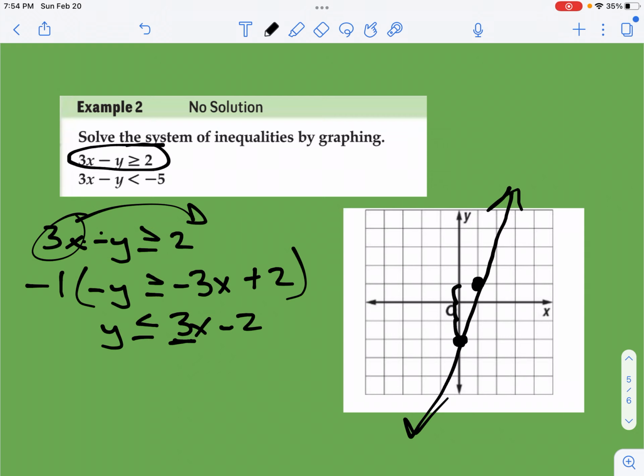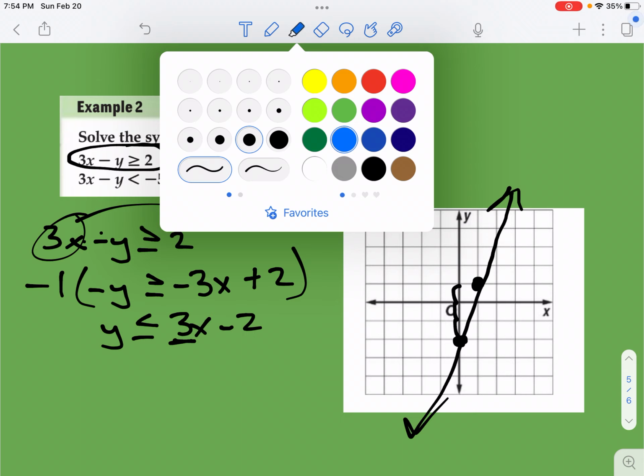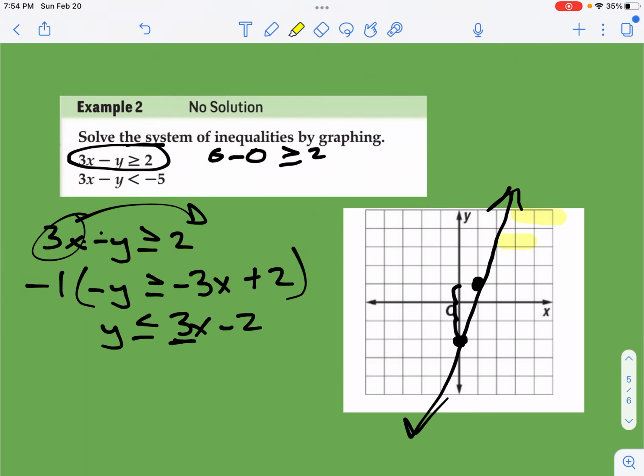If I put the origin in, I get 0 minus 0, because 3 times 0 is 0, minus 0 is greater than or equal to 2. Well, that's false. So I'm going to shade the other side that does not include the origin. And that would be my very crooked looking solution for that.